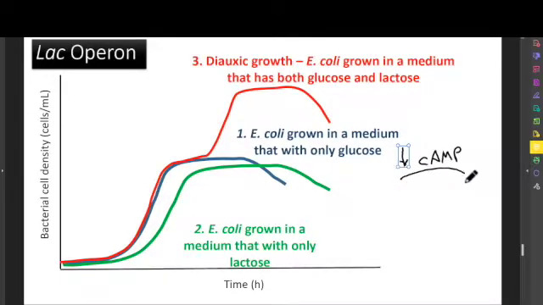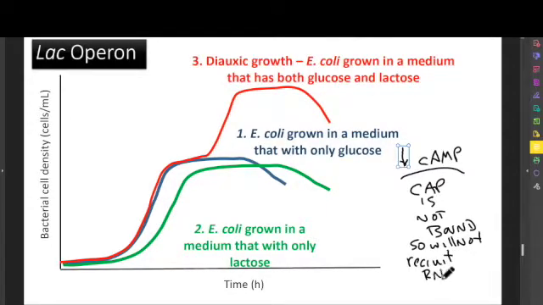If there is low cyclic AMP, CAP is not bound, so it will not recruit RNA polymerase. So in other words, the lactose operon is not expressed. Even though at this point the allolactose is bound to the repressor, so it is not bound to DNA, still, if CAP is not there, you're not going to get transcription.